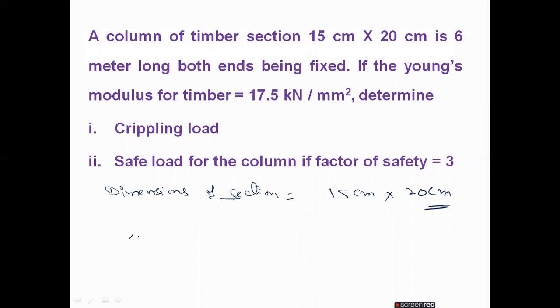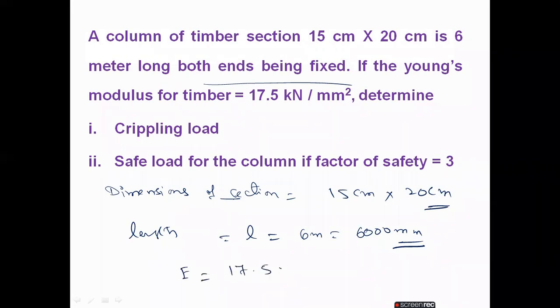The actual length L equals 6 meters, that is 6000 mm. The condition given is both ends are fixed. And the Young's modulus E equals 17.5 kilonewton per mm square. So this is the given data.